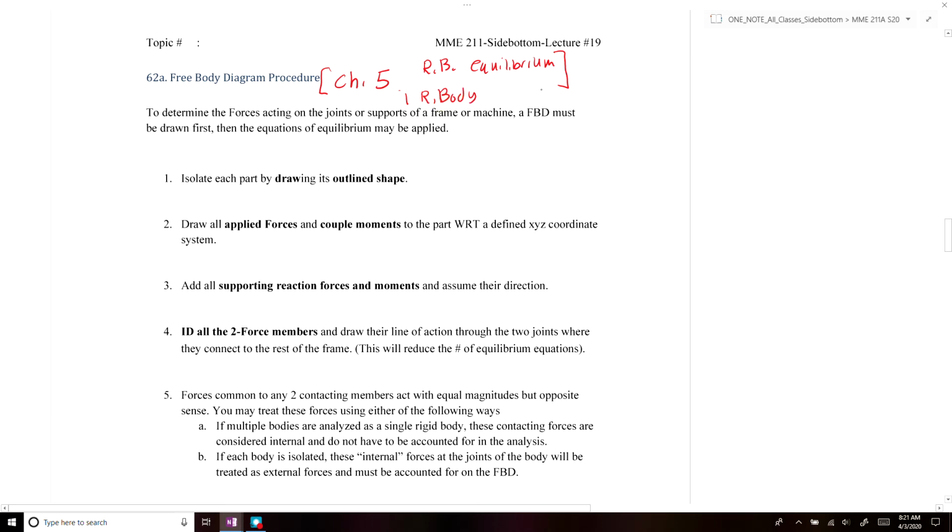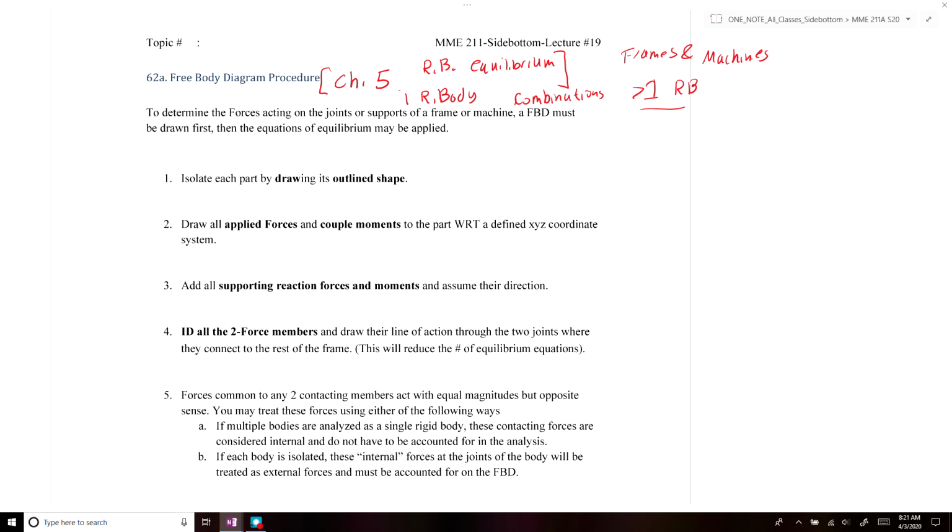Now for a frame and machine we have multiple combinations, or greater than one rigid body must be analyzed in order to determine the forces within the members of the frame and the machine. All right, so it's just a combination of things that you've already done. You can think about it as that you're just doing multiple chapter 5 problems within the same problem.